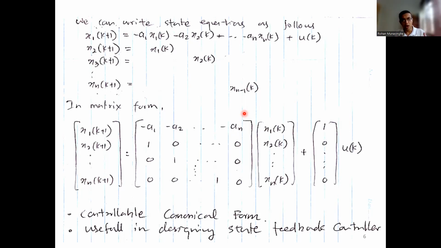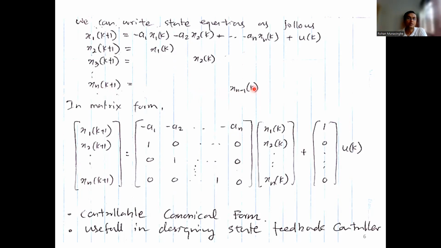If you have the equations written down to explain how you get from k to k plus 1, that is what is called the dynamics. So here what you can see is that these state equations tell what's happening to each and every state variable. So if you want to find out xn(k plus 1), just look at xn minus 1 at k.